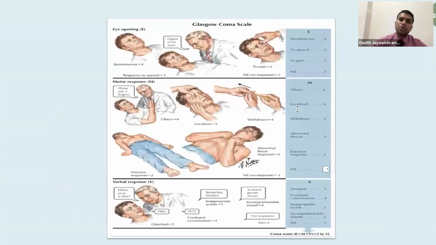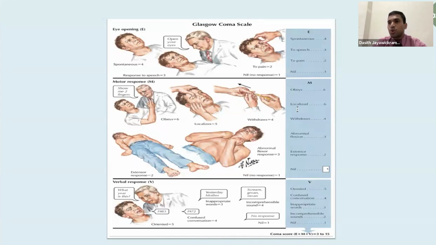So this is the GCS score. GCS score you must know. They can give you an SBA, for example: the patient is opening the eyes when you speak his name, the patient withdraws his finger when you give a small prick, and the patient talks back to you in single words.